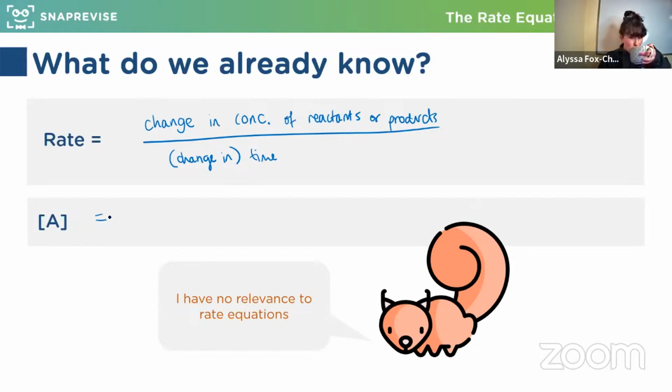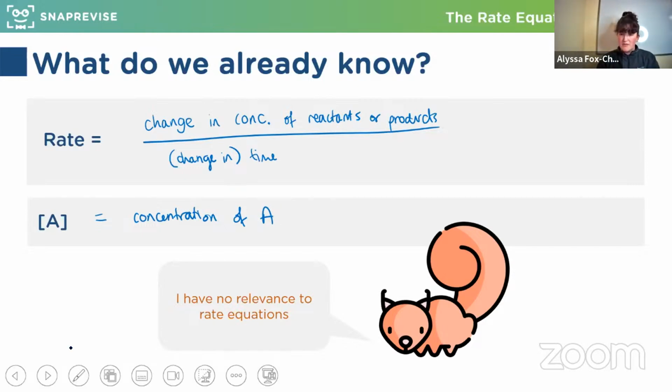Well done, Eman. Concentration of. So it's concentration of whatever is in the bracket. So in this case, A is in the square brackets, so it means concentration of A. Hopefully that's not new for anybody. If it is, see if you can commit that to memory because we use it quite often in chemistry. So it's useful to get that in your head.